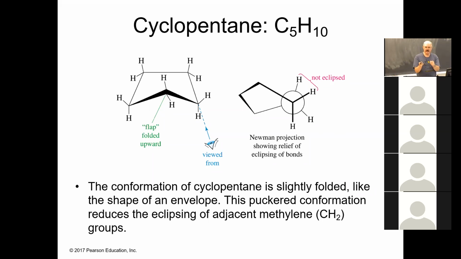This is the flap on the envelope. In the envelope conformation, hydrogens are no longer eclipsed. Even in the planar conformation, there's not a lot of bond angle strain. A regular pentagon has angles of 108 degrees, but there is torsional strain as a result of eclipsing of hydrogens.